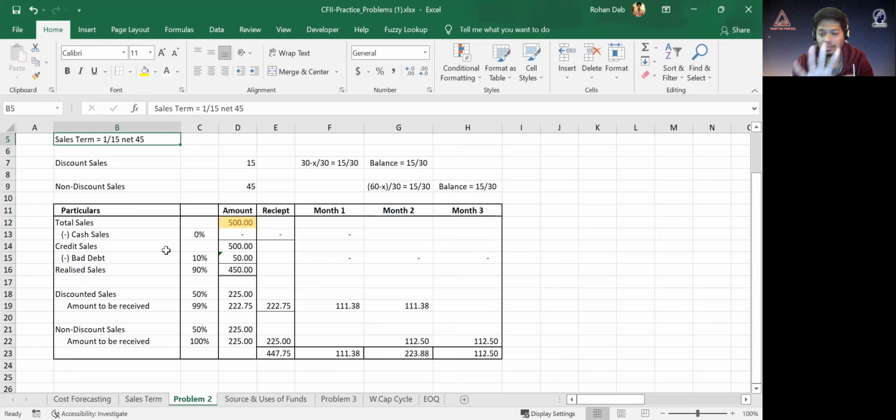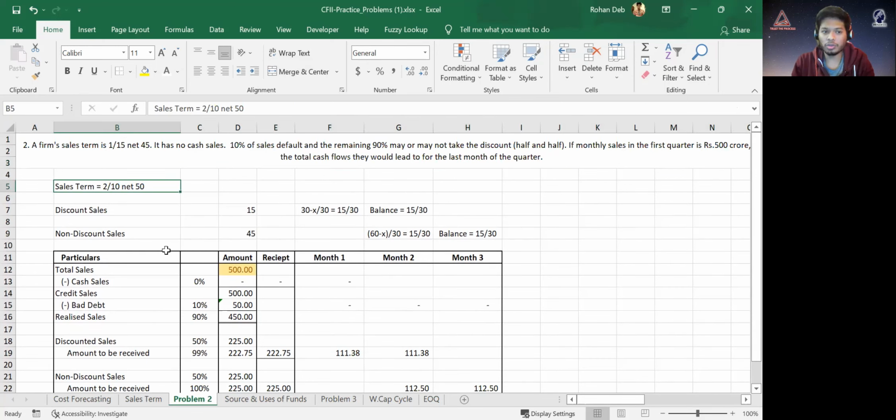Okay, I'll just tweak this sum a little bit. So this is the solution, but I'm tweaking the sales term to make it 2%, 10, and net 50. So if the sales term is 2% discount if you pay within 10 days and net 50 days, this would become 10, this would become 50.